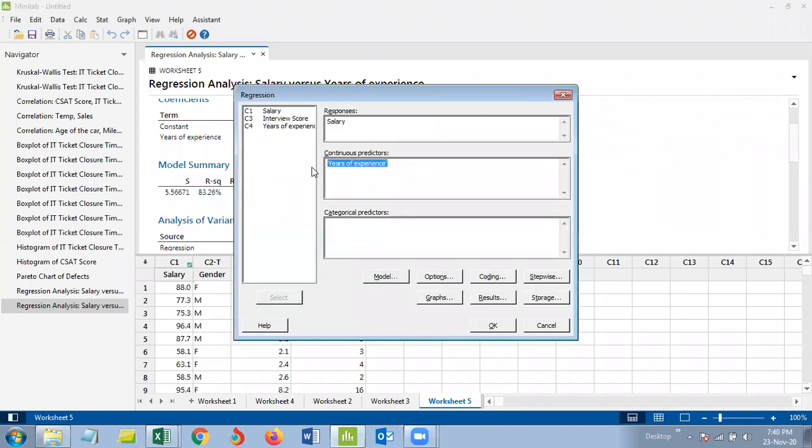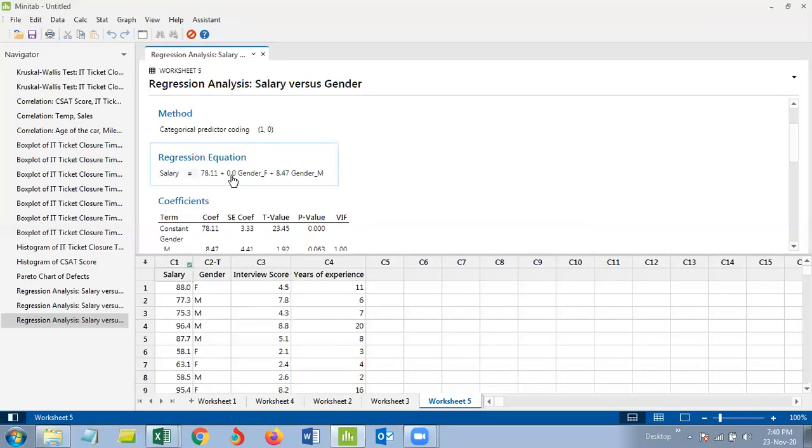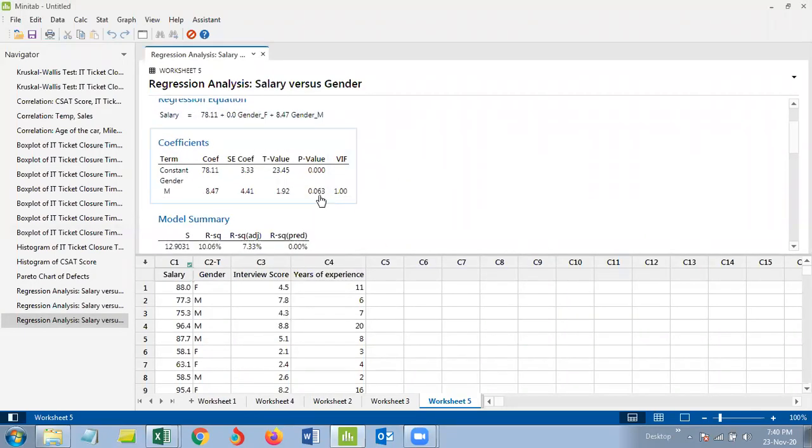Let's go back and do another simple one. So we're done with the numerical ones. We're done with both of those X's. The categorical one is gender. Let's see gender-wise. So categorical is what we'll use here. Click OK. Equation, we're going to skip for now. P-value, that's null. Null means there's no evidence for a relationship. So we can say that my management is not gender biased.